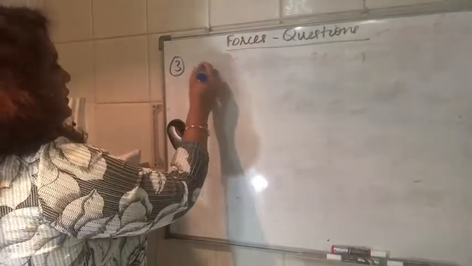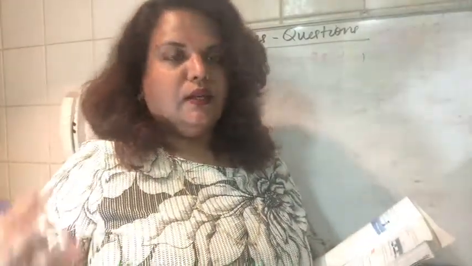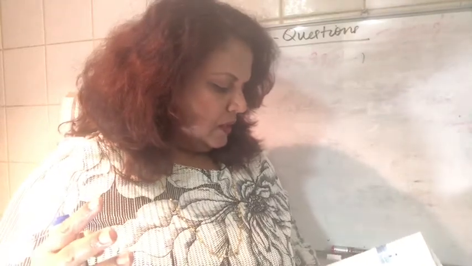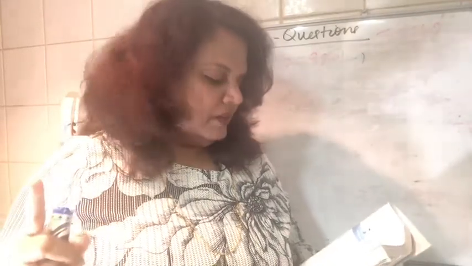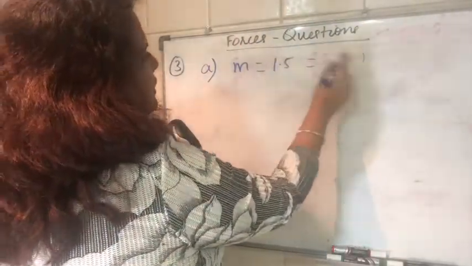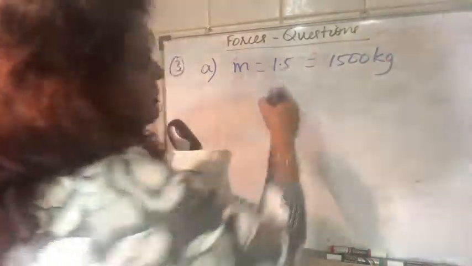Question 3 is related to an elevator situation. Now how do you find the resultant force? For part A, the downward force will be equal to the weight. Now the total mass is given as 1.5 tons, right? The mass is 1.5 tons, so that will be equal to how many kgs? We'll get 1500 kg, multiplied by 1000.